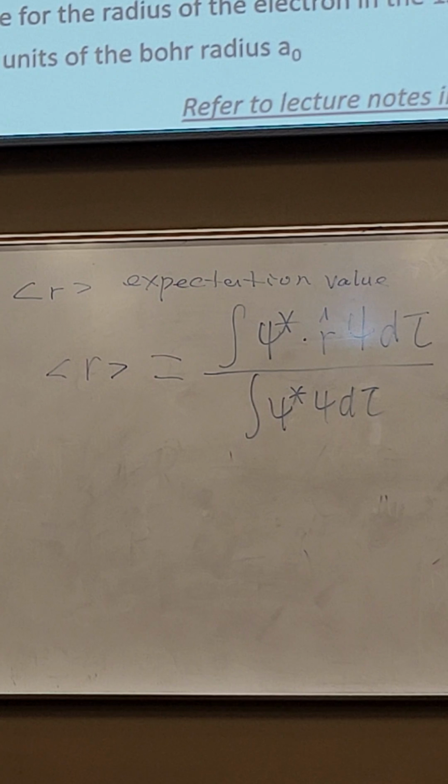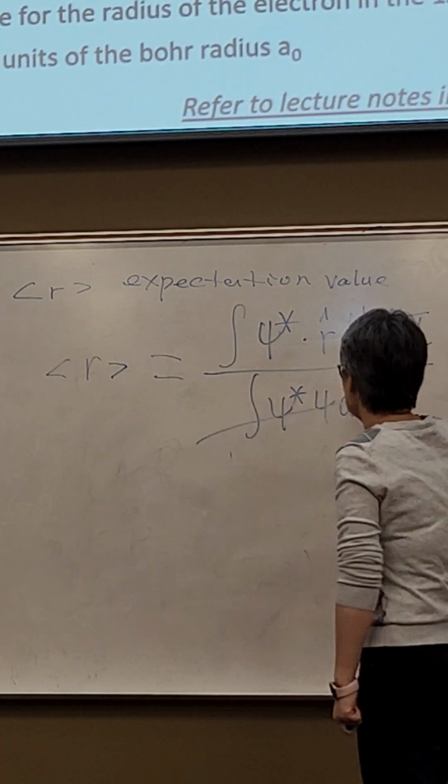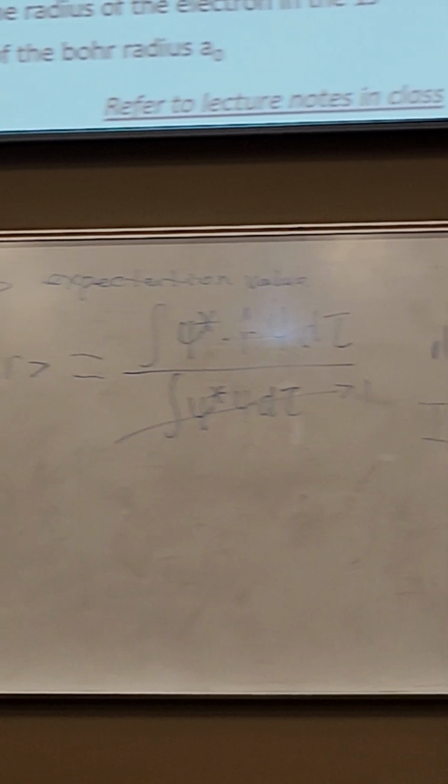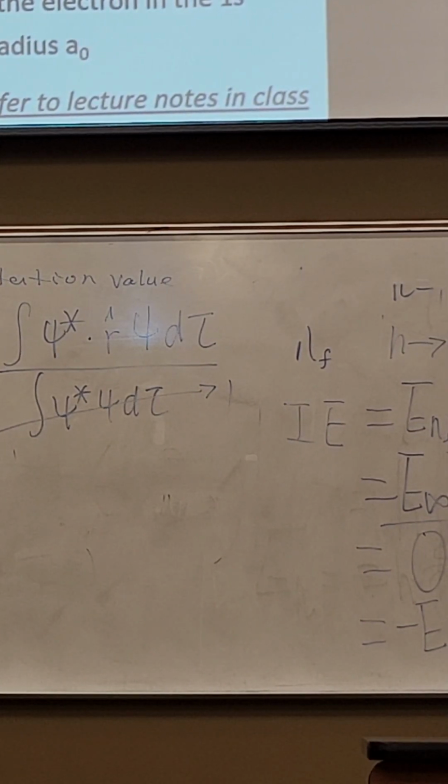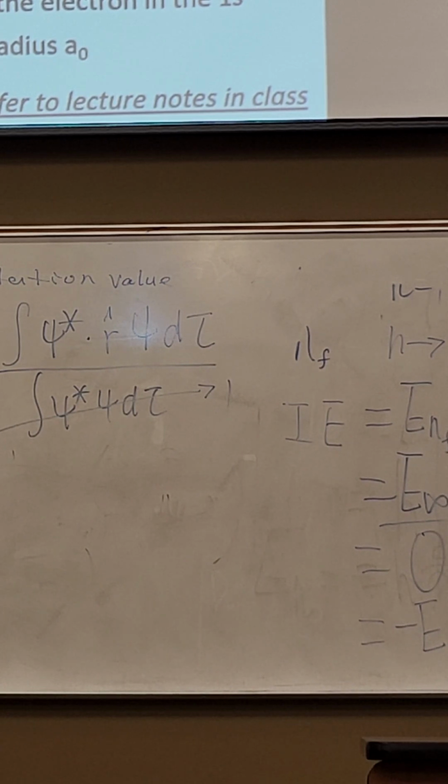Now, if the wave function is normalized, that makes our life easier. This whole denominator becomes 1, right? That's the definition of the expectation values.